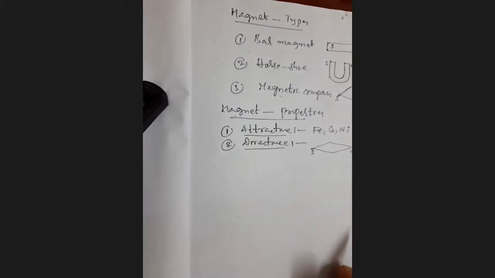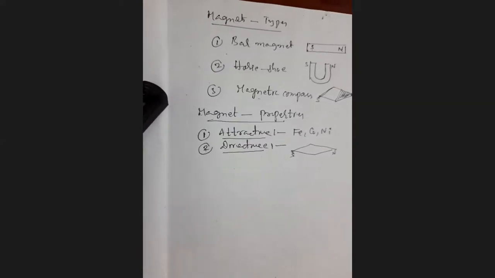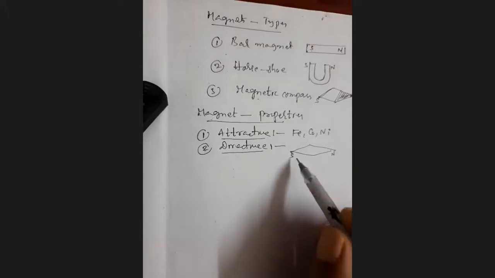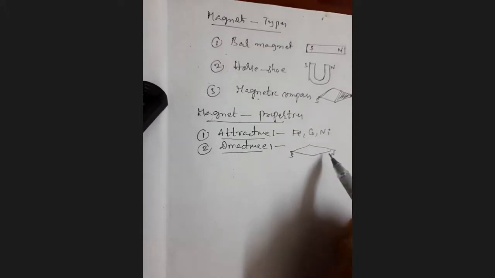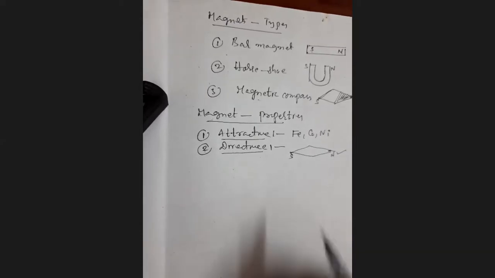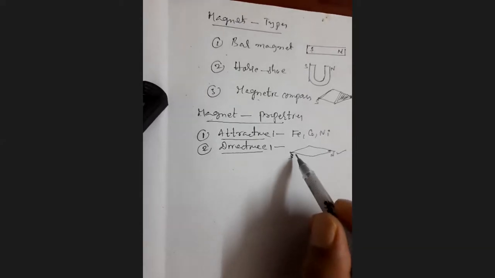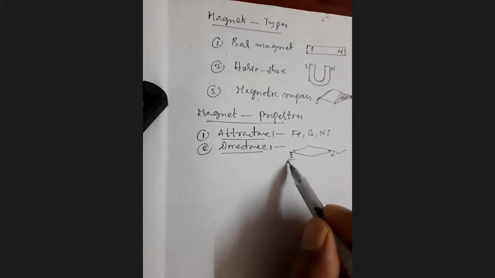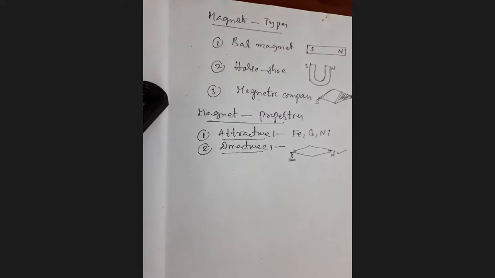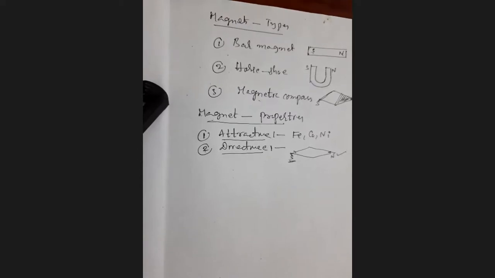So you take a bar magnet or magnetic compass, suspend it with a wire or a thread, and it comes to rest along the geographical north and south direction. The pole or end which points to geographical north is called the north pole of the magnet. The pole or end of the magnet which points to geographical south is called the south pole of that magnet. Okay, so this is the directive property.